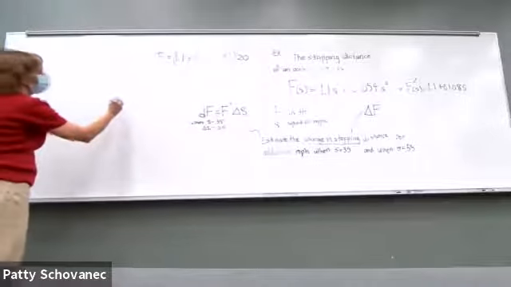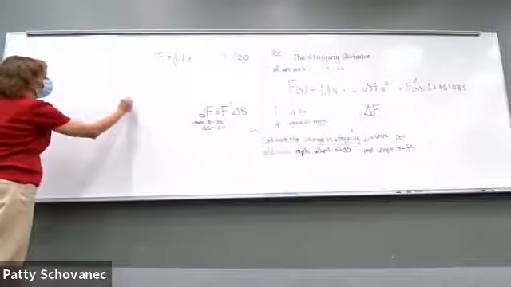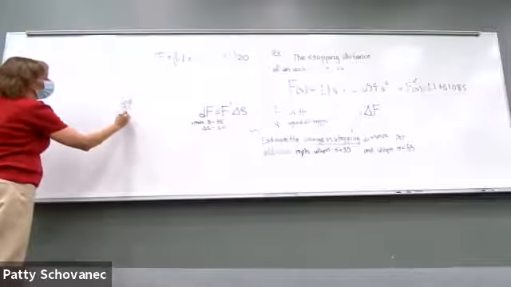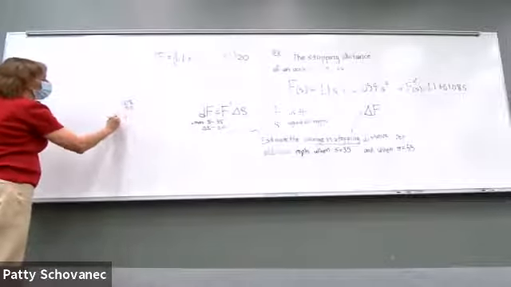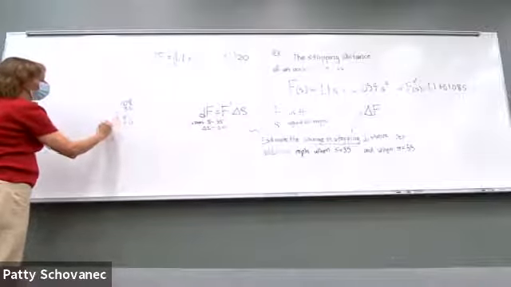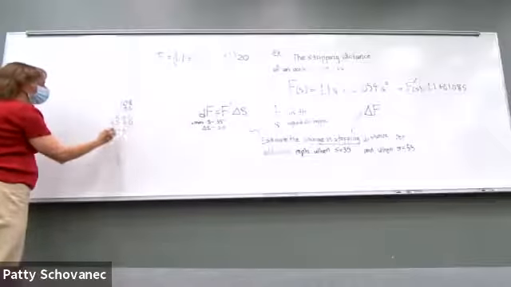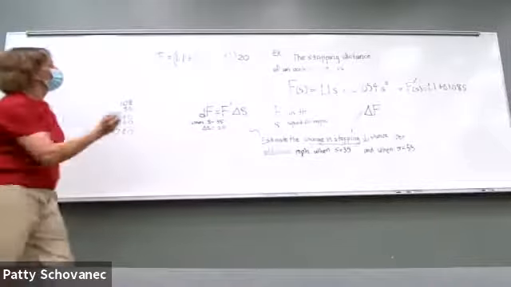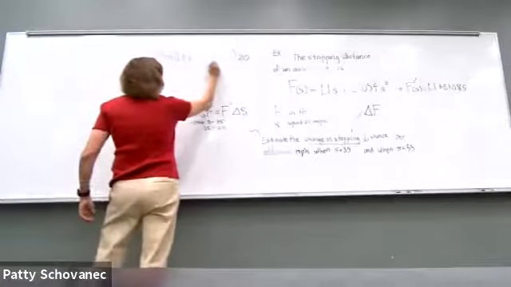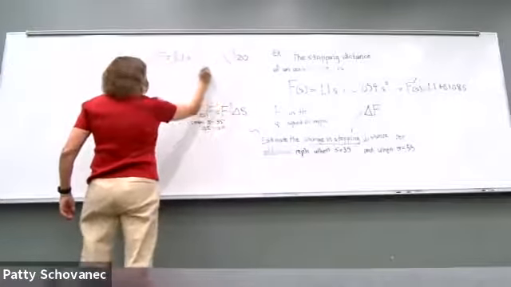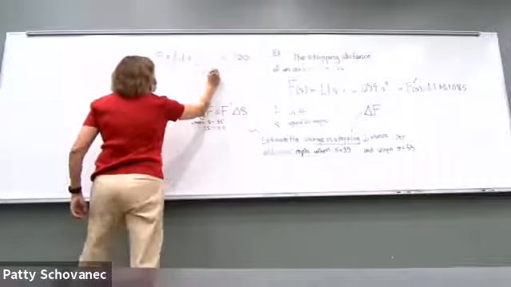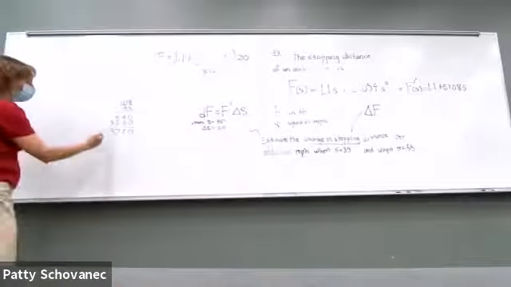Let me multiply these out. 108 times 35, and then 3 decimal places. This number here is 3.78. Add 1.1 to that.